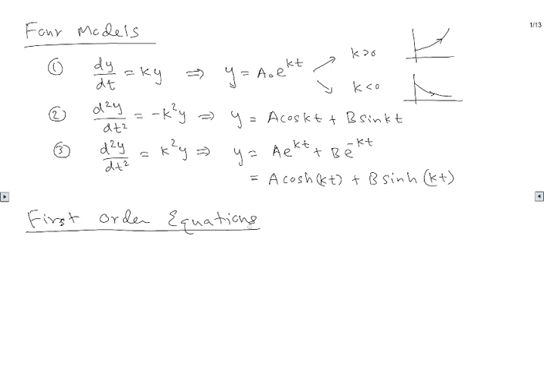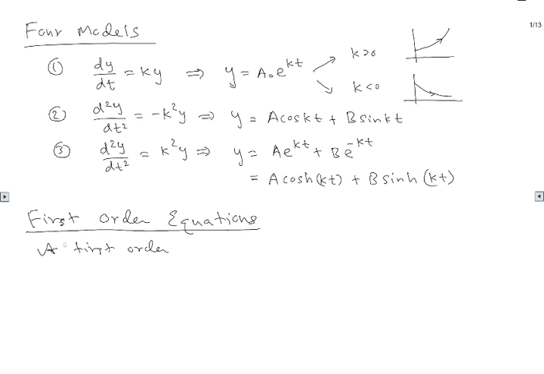If you look at a first order equation, it looks like this. First order means the derivative is the first derivative.